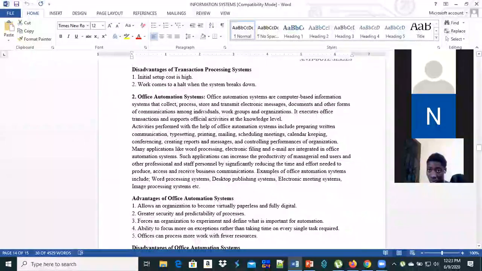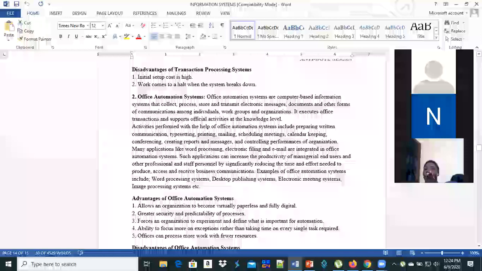They also look at the data from the transaction processing system, and then what the office automation system has sent to them, and then they add their knowledge to come up with a good decision. Are we here? Yes, sir. Yes. Okay. All right. So let's move to the knowledge level.